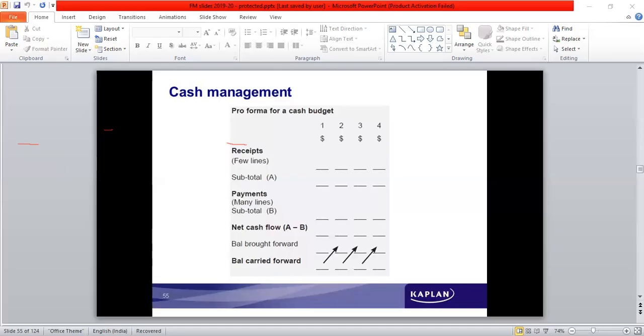But the previous months also had sales, and those sales also will be collected during these months. Second month sales, 20% in second month, 40% in the third month. So we start with this one. Second month sales are 55, 55 into 40%. Then 55 into 35%. First month also, 20% in first month, 40% in the second month, 35% in the third month.